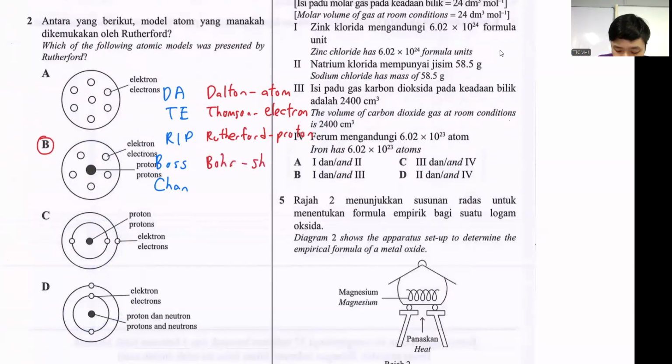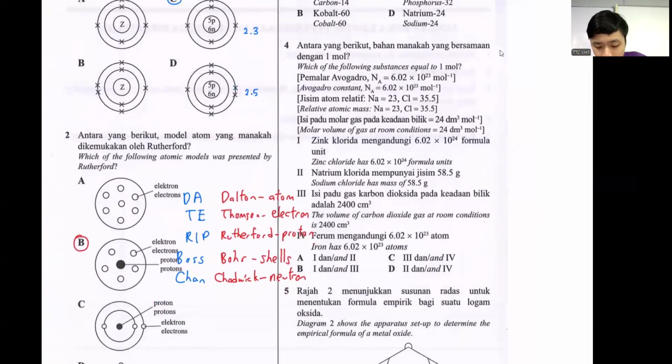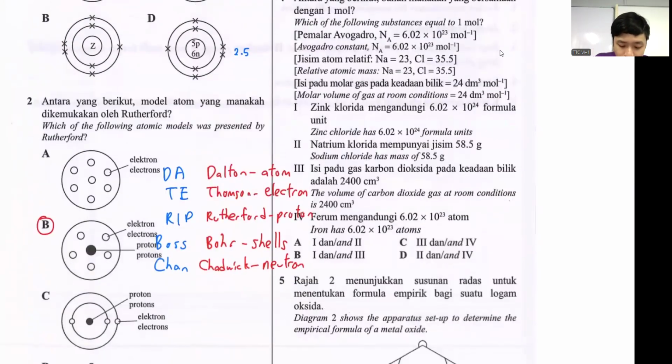Bohr came up with shells. Then Chan is Chadwick. Chadwick finally came up with the neutron. So we only want the Rutherford discovery. This one is also Form 4, Chapter 2.